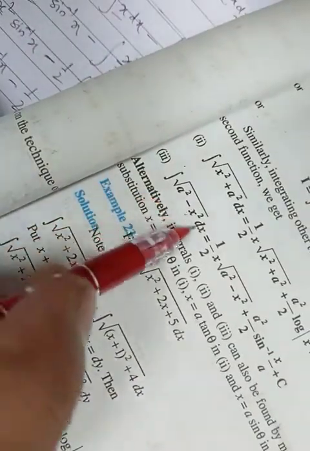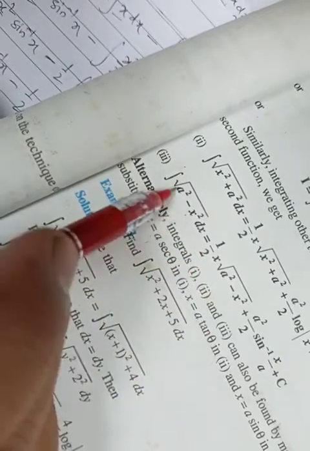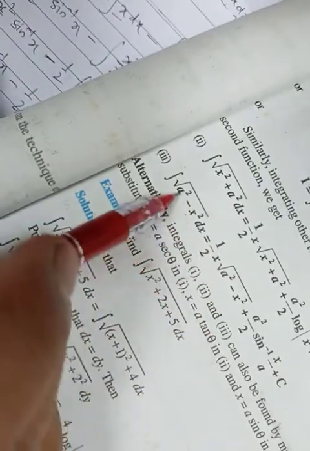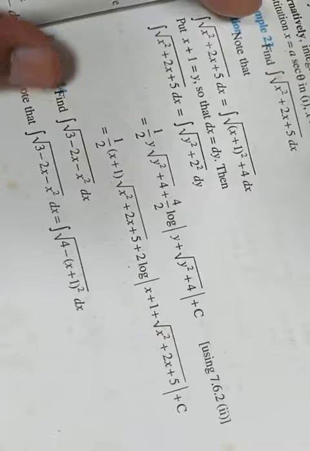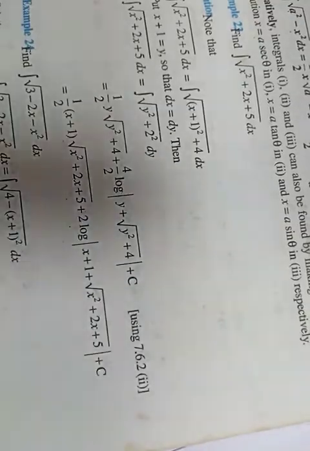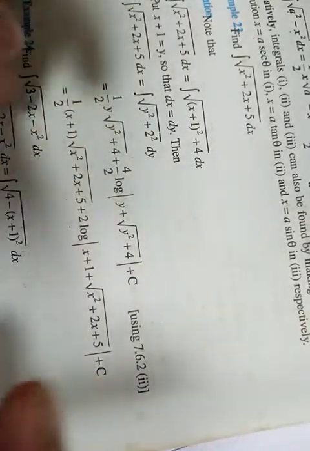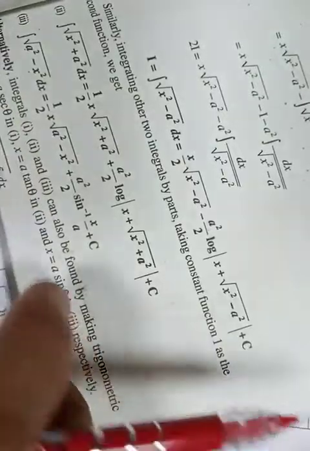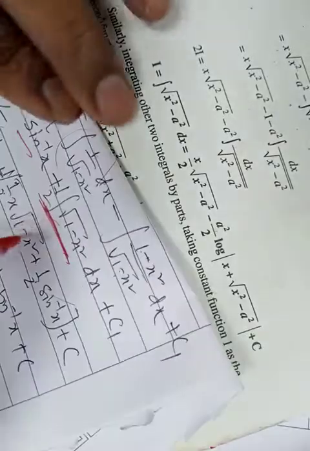Root over 1 minus x square dx, a square minus x square, here a will be 1. So we will use this formula. Okay, this formula I am using in place of root over 1 minus x square dx.